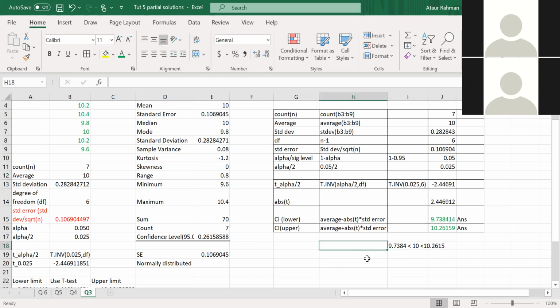So you write here 95% confidence interval of the mean. You can write the answer in that way as well. Thanks, sir.